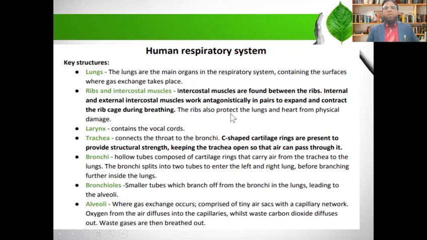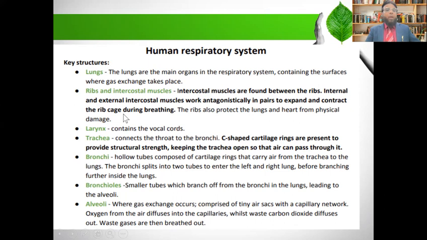The ribs also protect the lungs and heart from physical damage. As we studied in the previous slide, this rib cage does not only protect the lungs, but also the heart. Now the next structure is the larynx, which contains the vocal cords that produce sound.